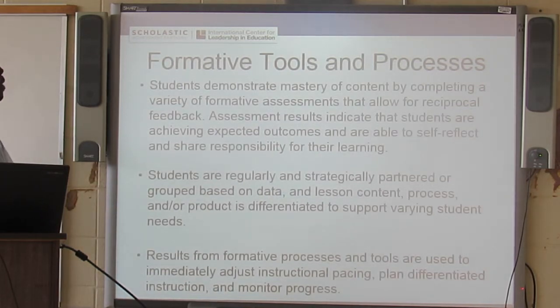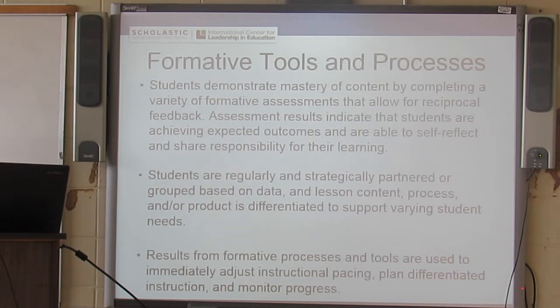Students demonstrate mastery of content by completing a variety of formative assessments that allow for reciprocal feedback. Assessment results indicate that students are achieving expected outcomes and are able to self-reflect and share responsibility for their learning.